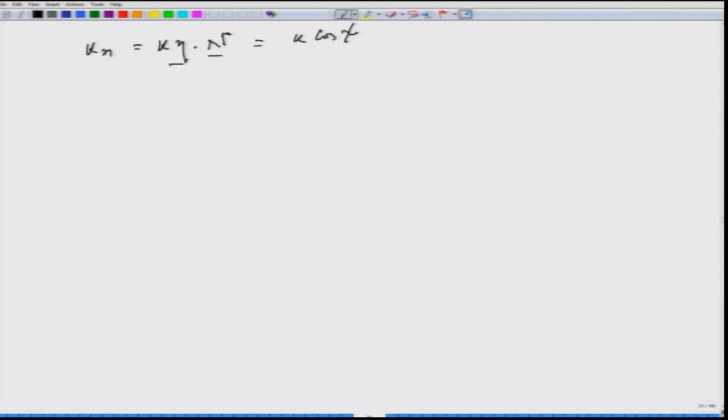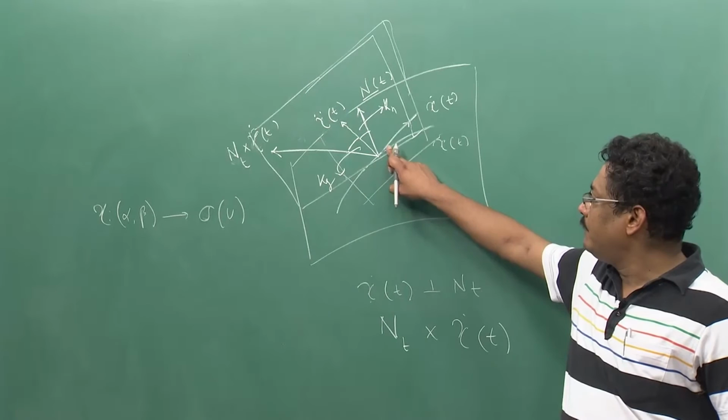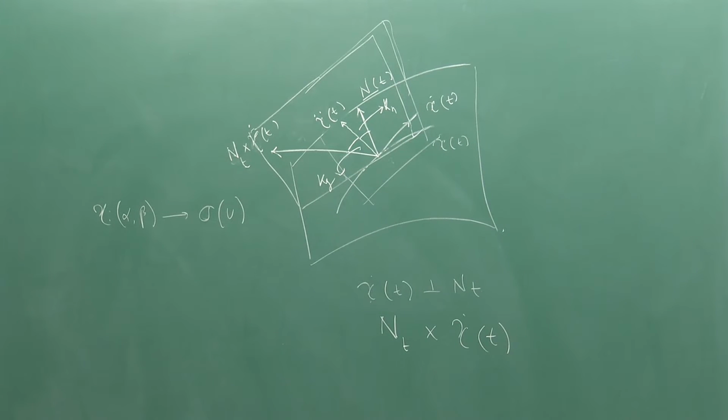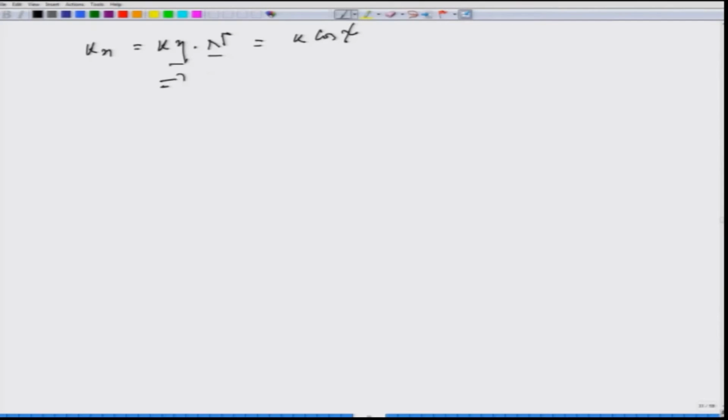This is the angle between the principal normal to the curve gamma and the standard normal to the surface n(t), and therefore geodesic curvature will be plus or minus k sin phi.